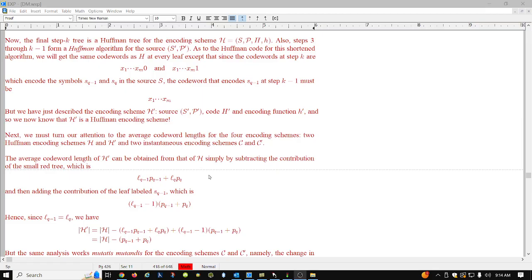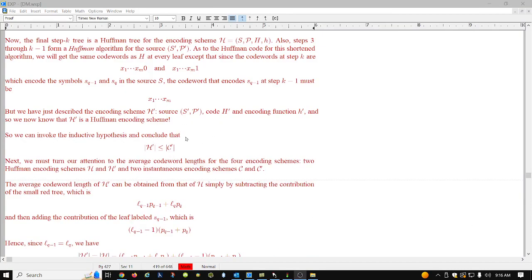And we can now apply the inductive hypothesis to H prime and C prime, but we need then to translate that fact up to H and C. So we need some information about the average code word lengths for all 4 of the encoding schemes. Or actually what we need is to relate the average code word length of H and H prime, and also of C and C prime.